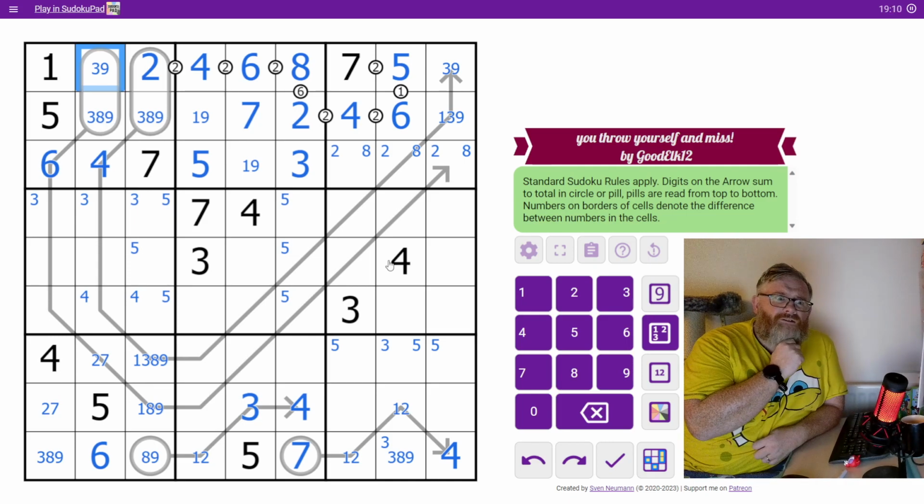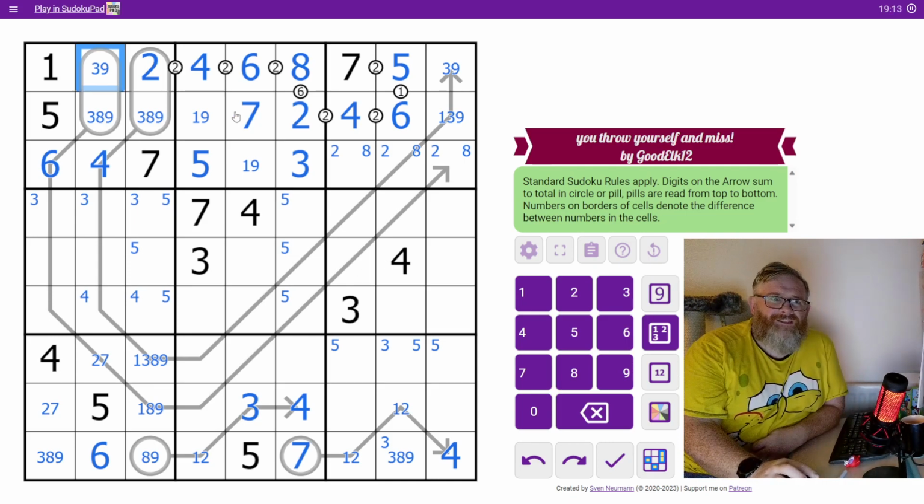So really, can this be 3? And almost I need proof that this can't be 3. Well, if that is 3, then that is 9. Okay, and that creates a possible problem.